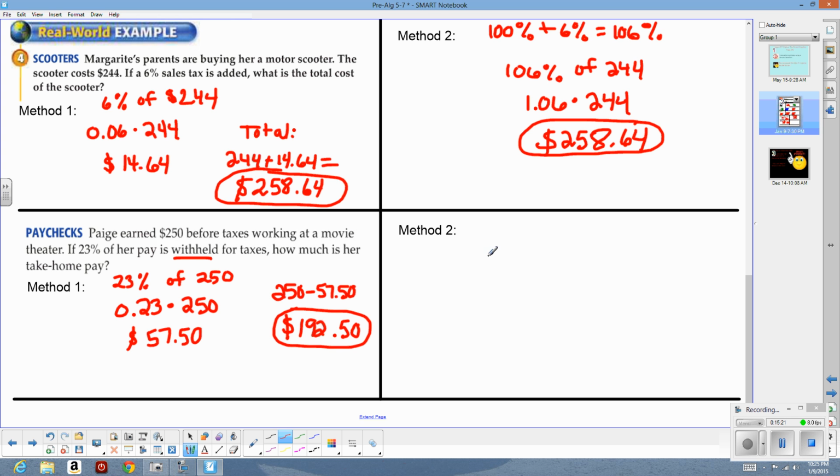And to do it in the one-step method, if you're going to withhold 23% of the pay, you're going to do 100% minus 23%, which would be 77% is what she's actually going to make.